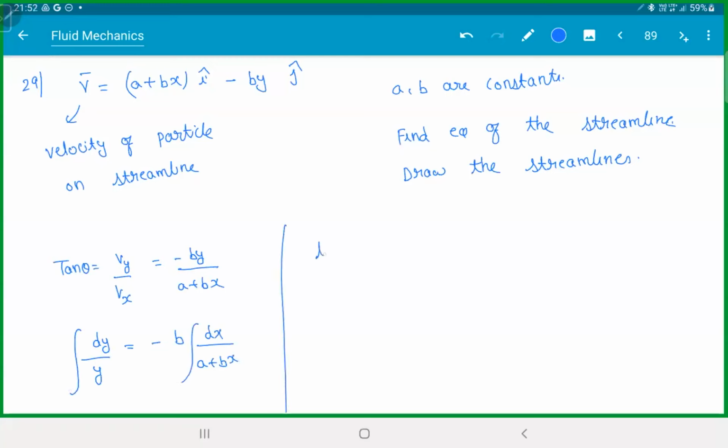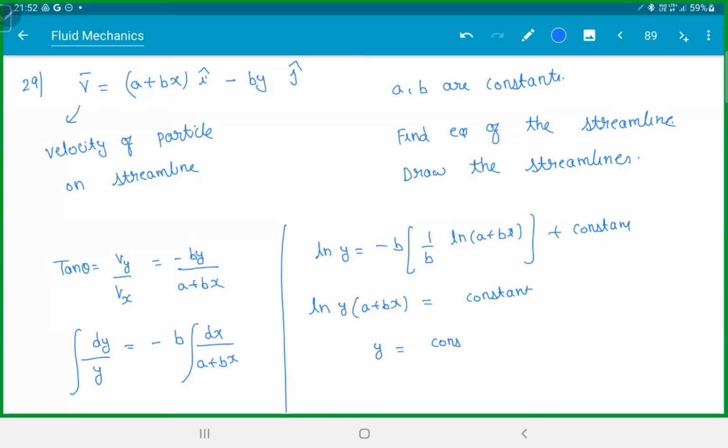Integral, that will be ln y equals minus b times 1 by b ln (a plus bx), plus constant. b will cancel. This will be ln y into (a plus bx) is equal to constant. So you get y is equal to e power constant, which is a constant, by a plus bx. So basically it looks like y is equal to c by (a plus bx). This is how the equation looks, where c is some constant.